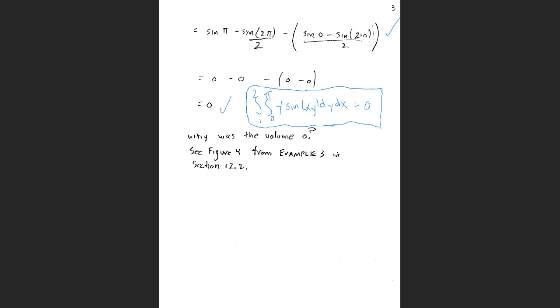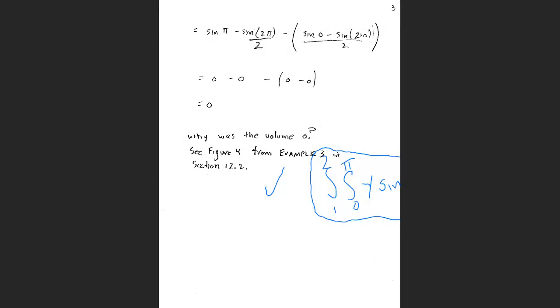So what do you think happened here? How could we have a volume of 0? Okay, Ian says either the surface is flat or it goes up and down, and it would because of the sine wave.